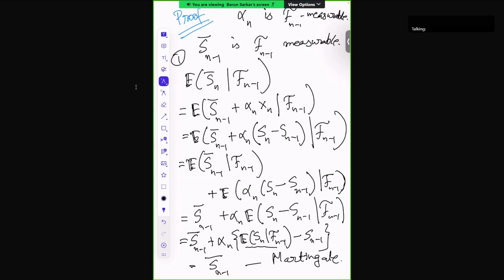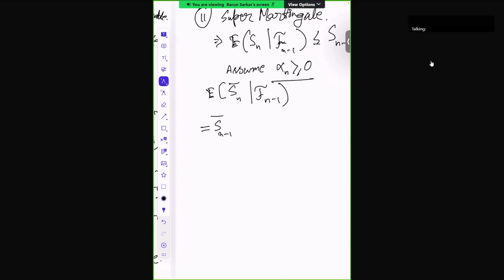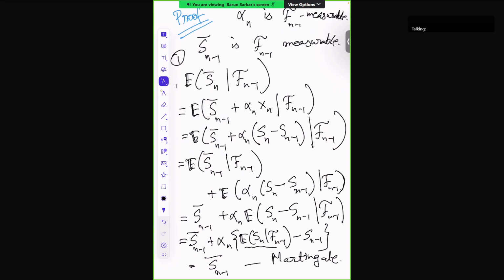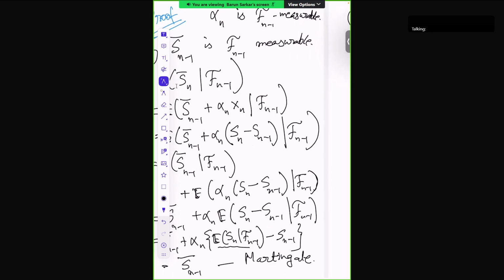So we get this plus alpha n times the expectation of Sn given Fn minus 1 minus Sn minus 1. Up to this part we will come.